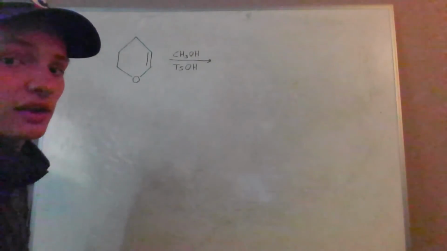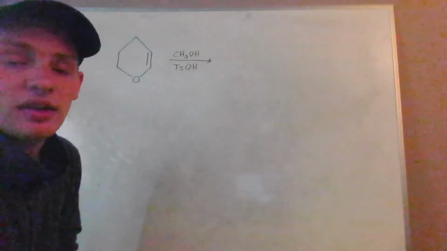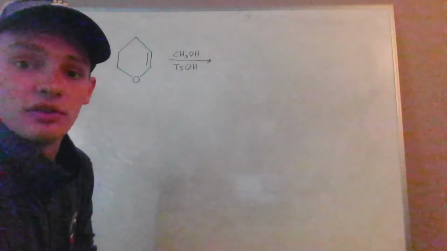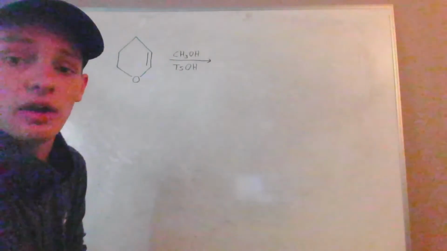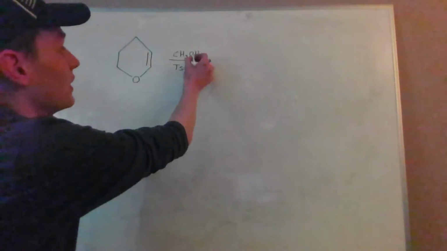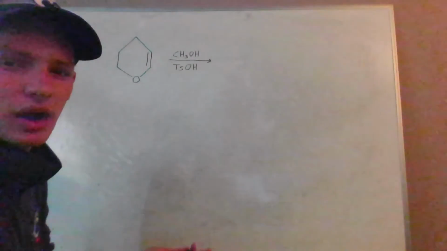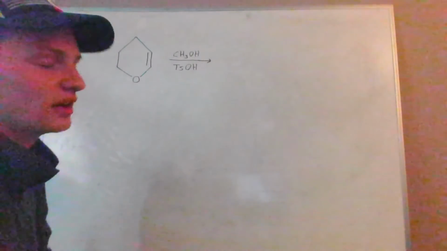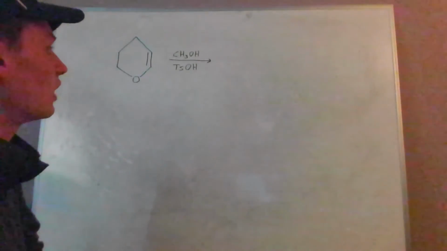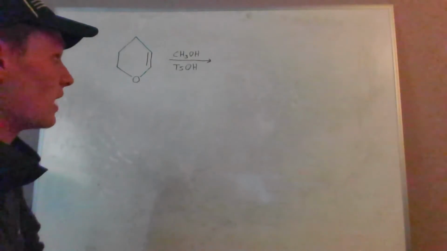So it has pi electrons. And when I see a double bond, I know that the pi electrons can act as a nucleophile and it can grab something. So what is it going to grab? Well, it's probably not going to grab methanol because methanol, like water, is not very acidic, not very basic, so it's probably not going to pull off a proton from the methanol.